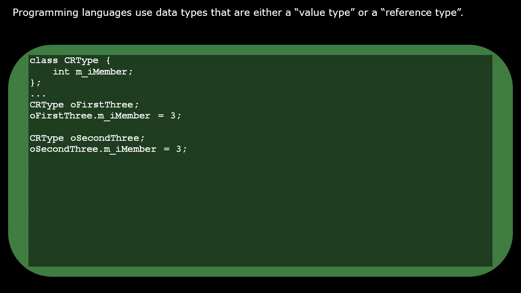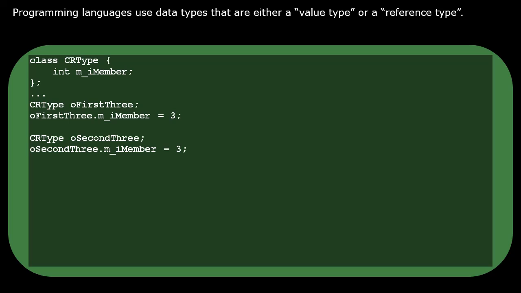On the other hand, a C++ object is often used as a reference type. The reference type might still contain numeric data, but it treats that data as some kind of payload which it owns and controls. Here are two object instances.